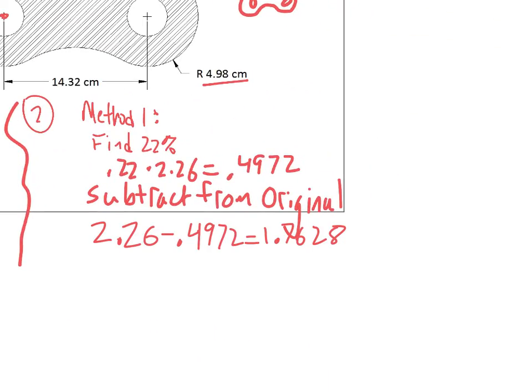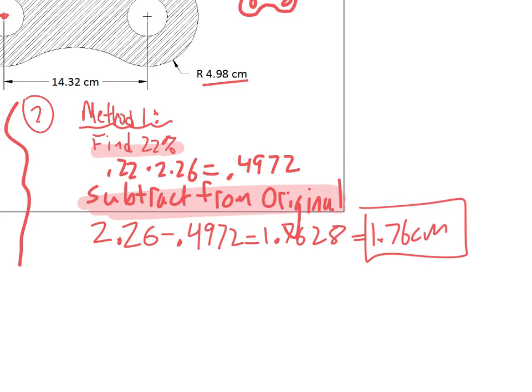So 2.26 minus 0.4972 is 1.7628, or 1.76 centimeters. Now that was method 1, where we found 22% and then we subtracted from the original.